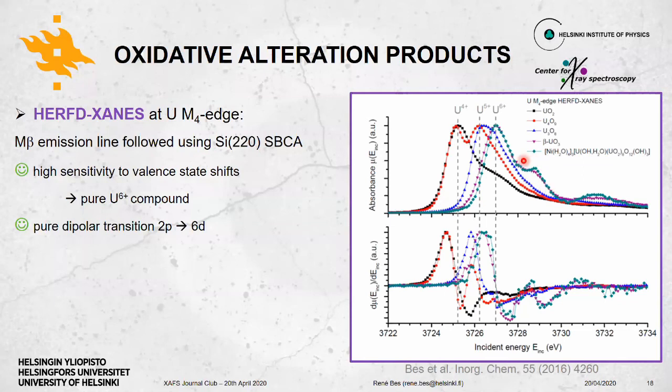You have these two additional peaks here and here in the spectrum for the beta-UO3, for instance, and for the other compound here, which are due to the fact that we have uranyl bonding in it. So the uranyl bonding can create new features, but also a little bit of shifting. For the beta and the nickel compound, there is a difference in the positioning of the white line.